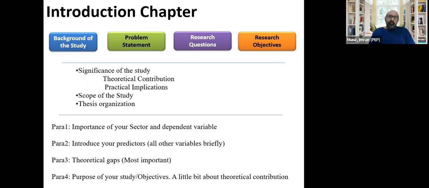Then we talked about the variables and the hypothesis, because these are the major contributors in helping you draft the literature review and introduction chapter. Then we will talk about methodologies and questionnaires, where we will get the data, run some analysis, and based on the analysis and some assumptions we will get the results.